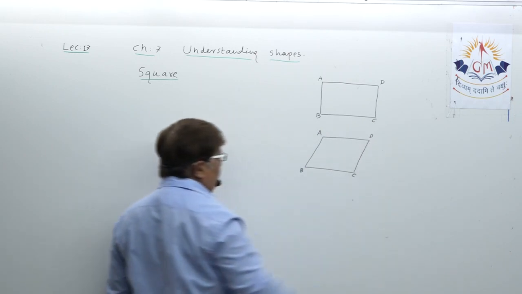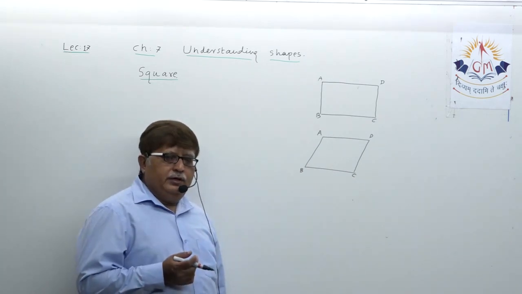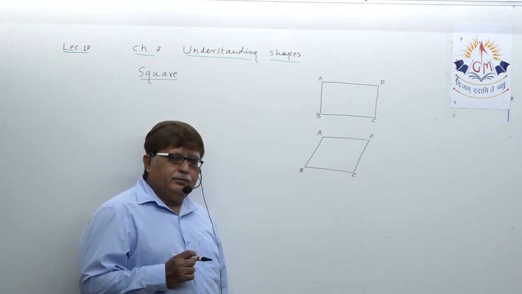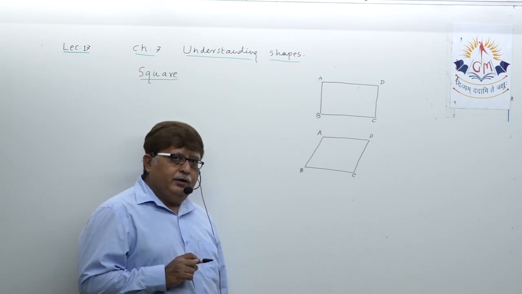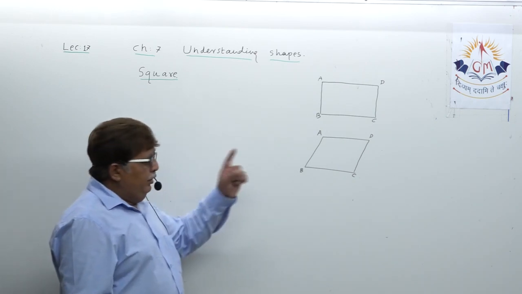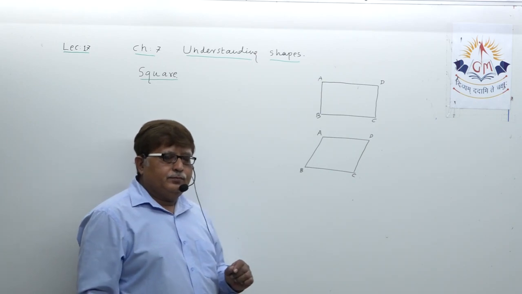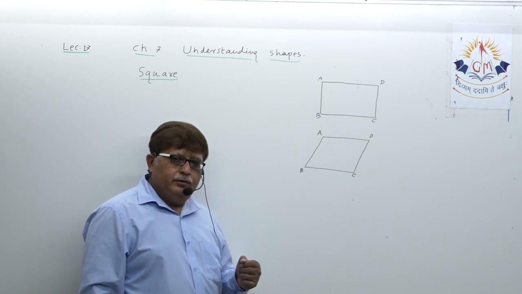Now what is important is, how can I define square in terms of rectangle? Try to understand, dear student. In rectangle, all angles are right angles, so in square also.